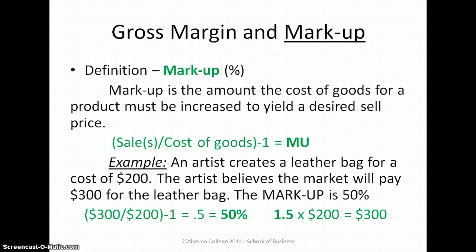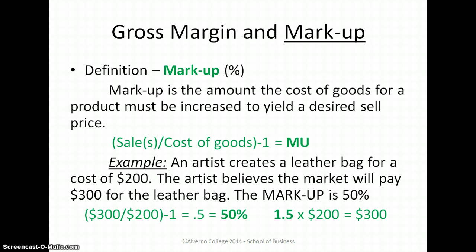So the artist creates a leather bag at a cost of $200, cost of goods. The artist believes the market will pay $300 for the leather bag. The markup is then 50%. So in the formula below, 300 divided by 200 minus 1 equals 0.5, which also equals 50%.